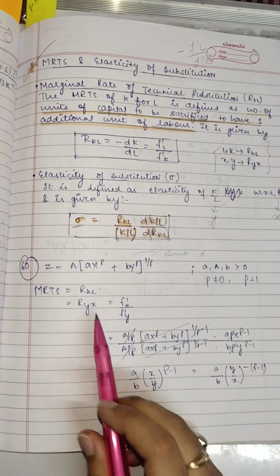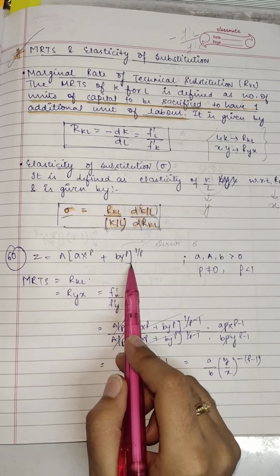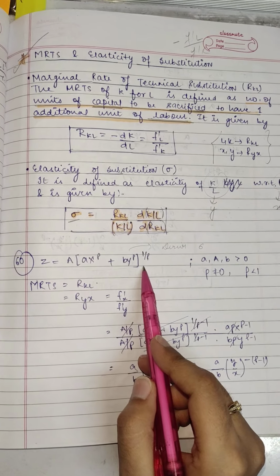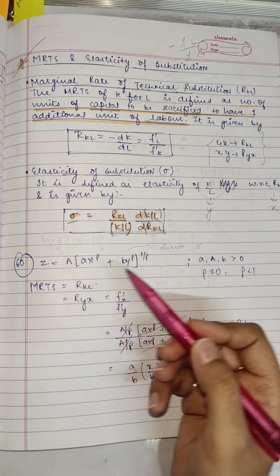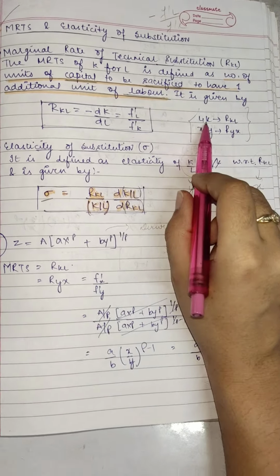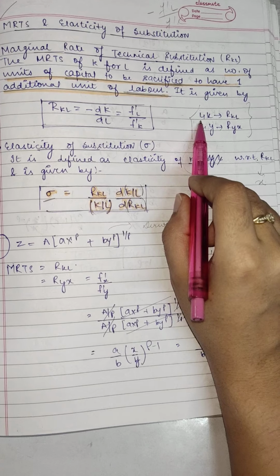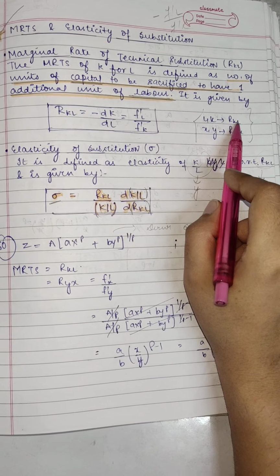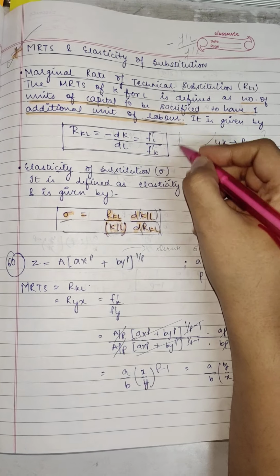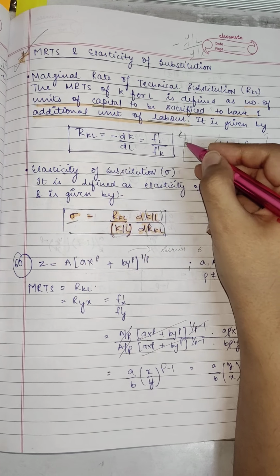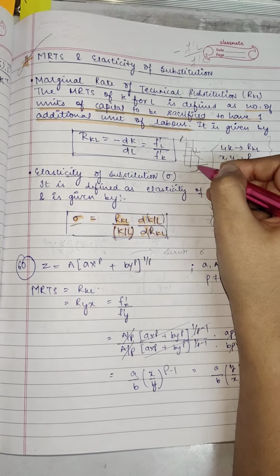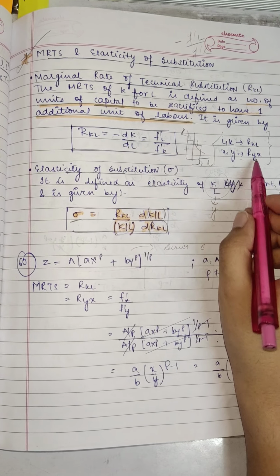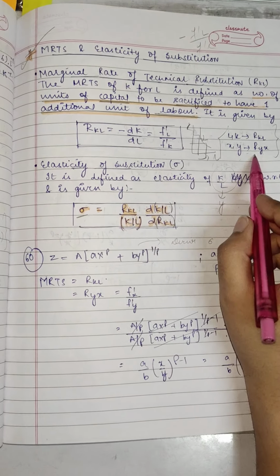Let's do a quick question. This is your production function where x and y are two inputs. You can perceive x as labor and y as capital, as I've written over here, that if you have labor and capital as inputs, this MRTS is perceived as R_KL because you give up K for L, okay, throughout the curve. And x and y are inputs means it is perceived as R_YX.